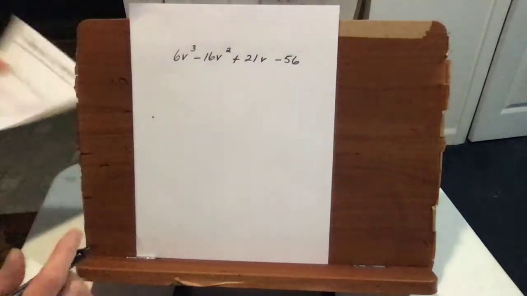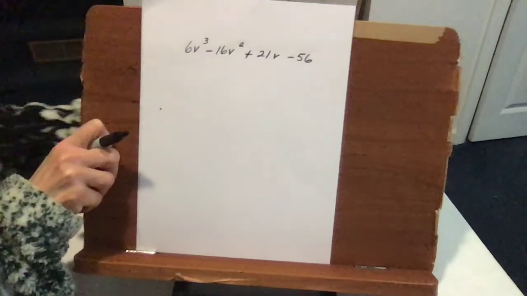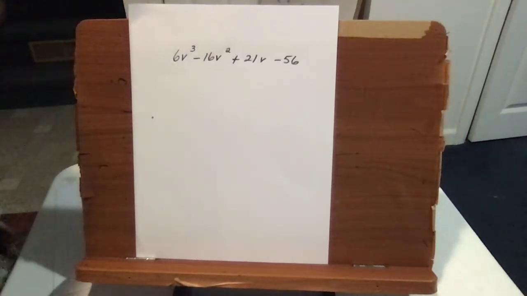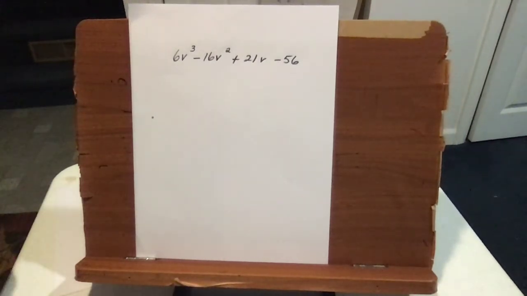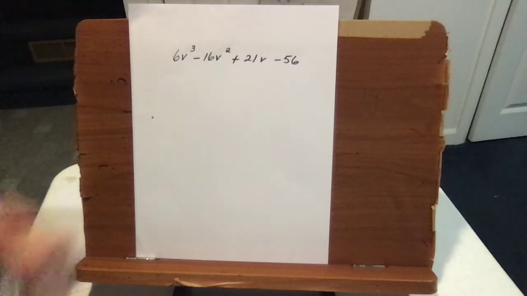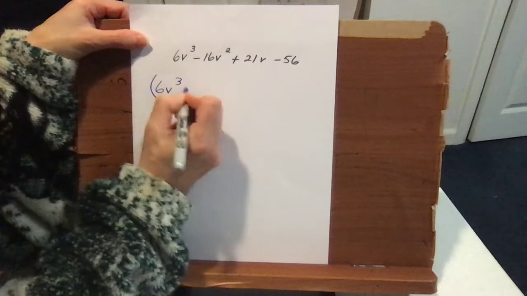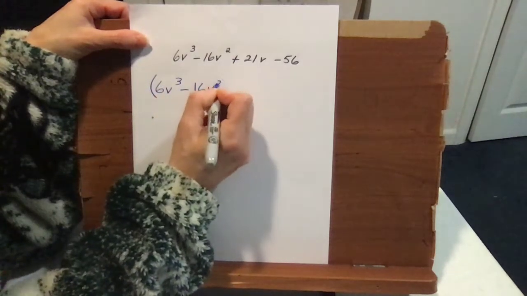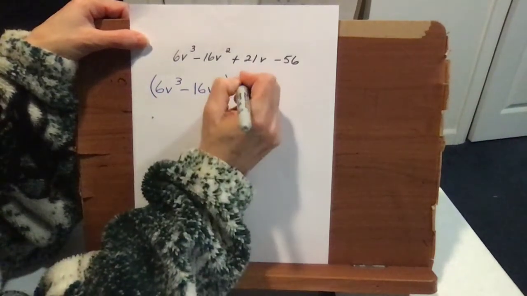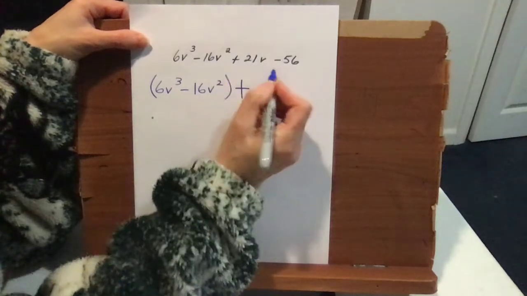All right, next, we're going to take a look at 6v cubed minus 16v squared plus 21v minus 56. Again, what we're going to do is take 6v cubed minus 16v squared and group those together. We're going to add, and we're going to take the next grouping.